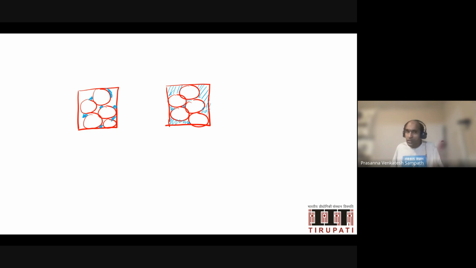So it doesn't want to be in contact. But in general, soil particles would like to be in contact with water molecules, right?